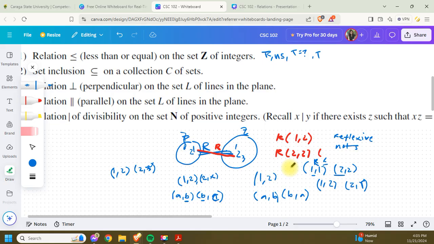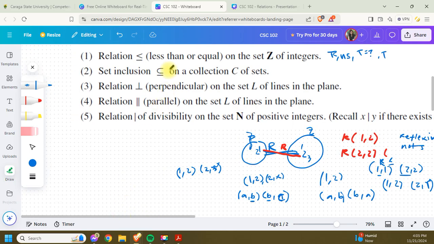I think you get it. Now for this one, this is just the inclusion or subset relation, but it is the same for number 1, it is a subset.